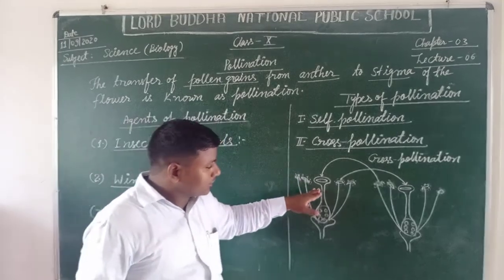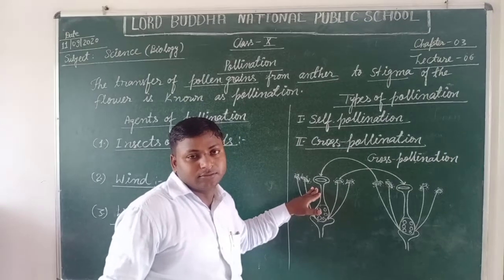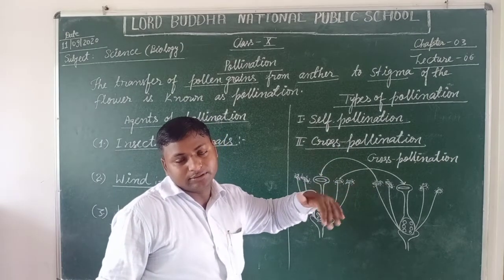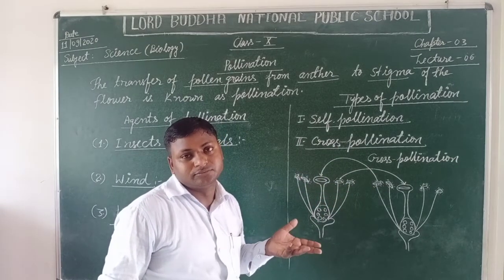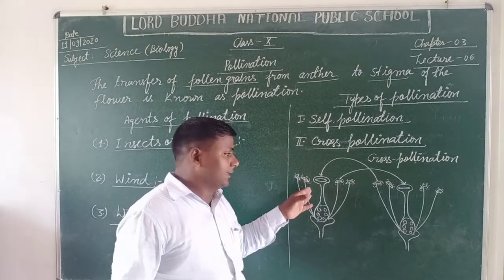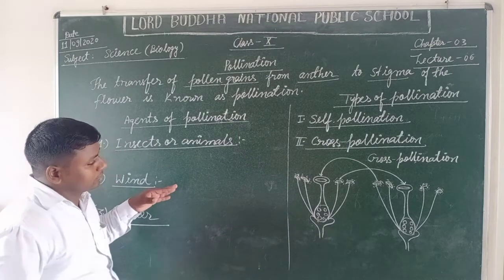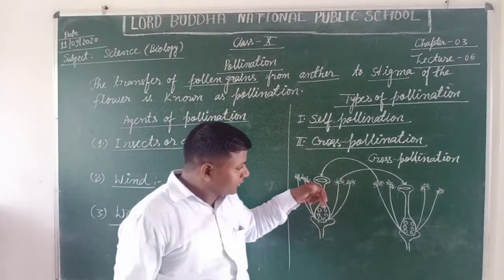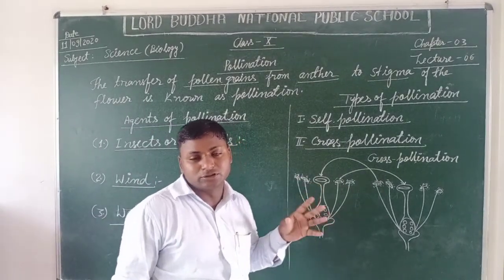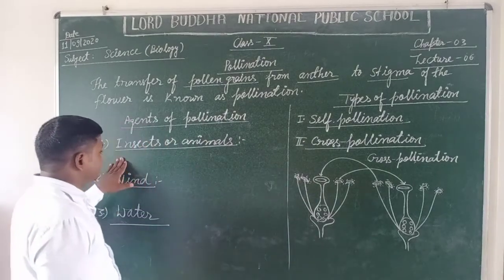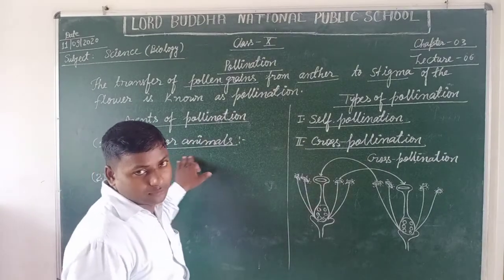Further, the insect sits on another flower. Then the pollen grains are transferred to the stigma of another flower. Thus, students, insects are responsible for the process of cross pollination.